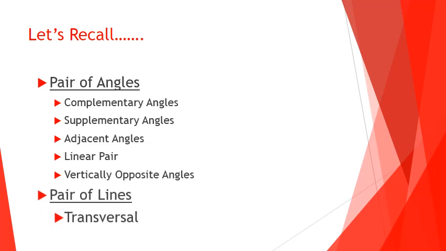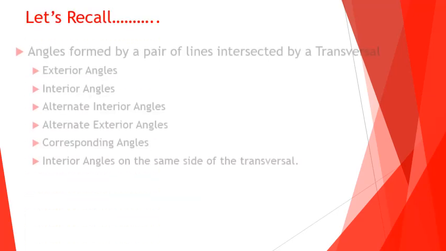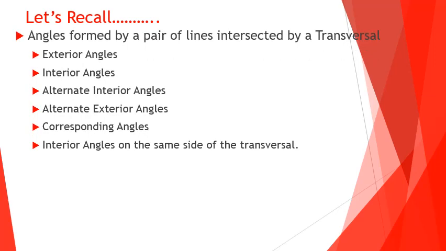Next we learnt about pairs of lines. In that, first we learned a new term, transversal. Transversal is a line which intersects two or more lines at distinct points. Next, angles formed by a pair of lines intersected by a transversal. 8 angles will form.